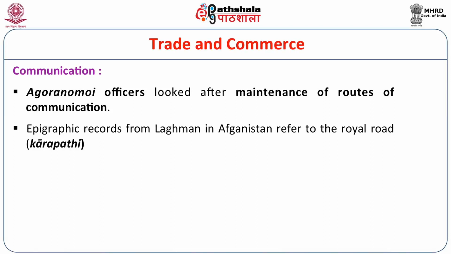In this connection, particularly from Laghman, that is in Afghanistan, one area from where we have got two epigraphic records in which we find the mention of the Karopothi. Karopothi is nothing but the royal road.